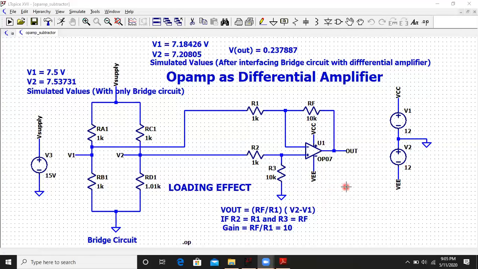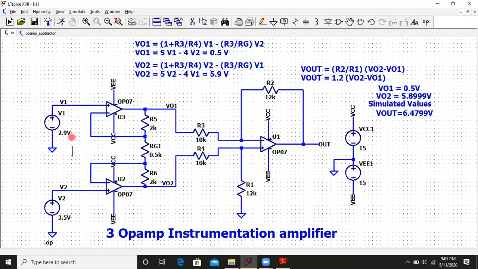Okay, let us go to a previous topic, that is op-amp as differential amplifier. So what we have done is that this was a bridge circuit and we have interfaced this bridge circuit with our op-amp as a differential amplifier, and we were finding that the V1 and V2 values were changing. So this was called as loading effect. Now what we will do is we will take this circuitry as it is and we will apply it to our instrumentation amplifier and see whether our instrumentation amplifier works properly or not.